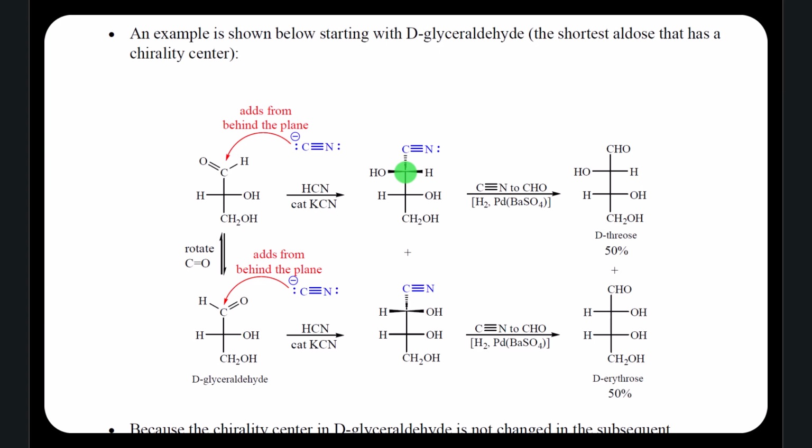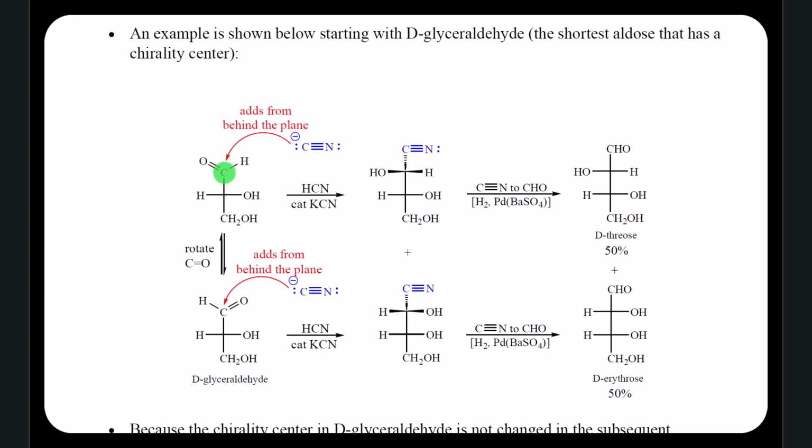Conceptually, there are several ways to imagine this. What I've tried to do is imagine building the cyanohydrin product in the same orientation that it would be in a Fischer projection. So in this case, I imagine what would happen if the cyanide group always added from the back to put it vertically on a vertical bond, which would then be dashed.